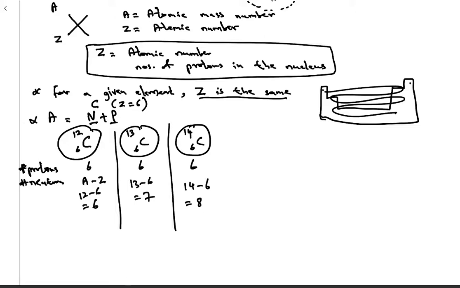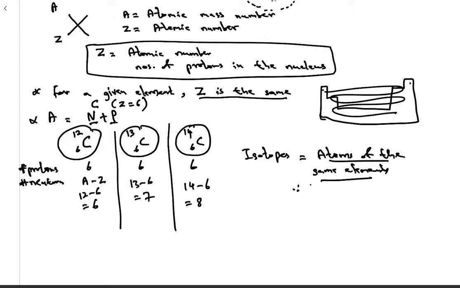So isotopes are atoms of the same element, and therefore having the same atomic number, or Z, but differing in their neutron numbers.